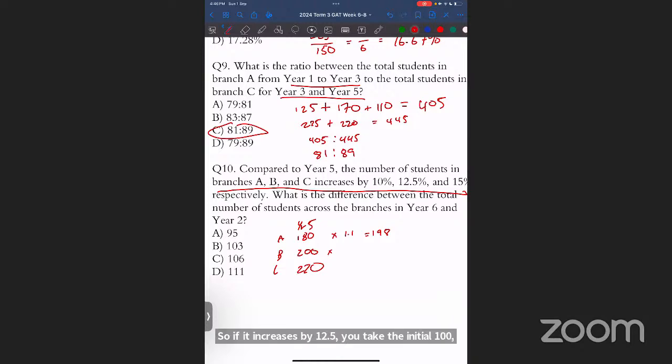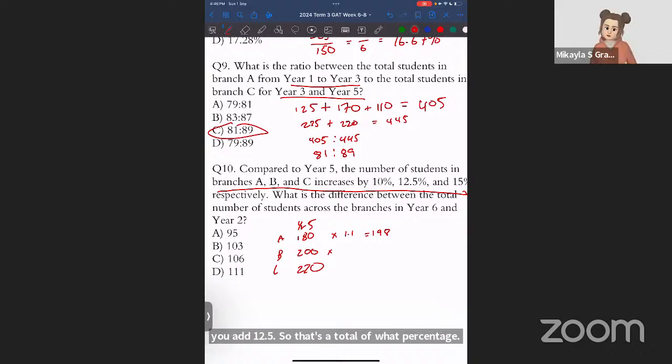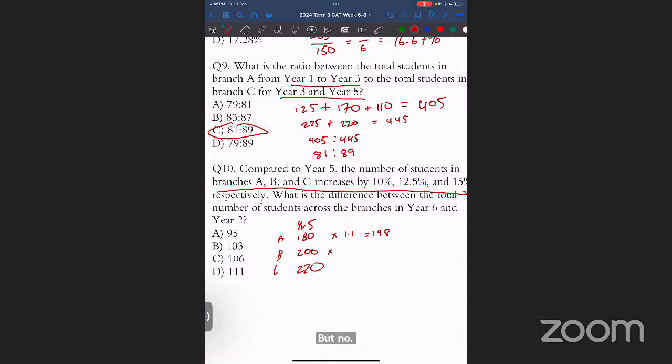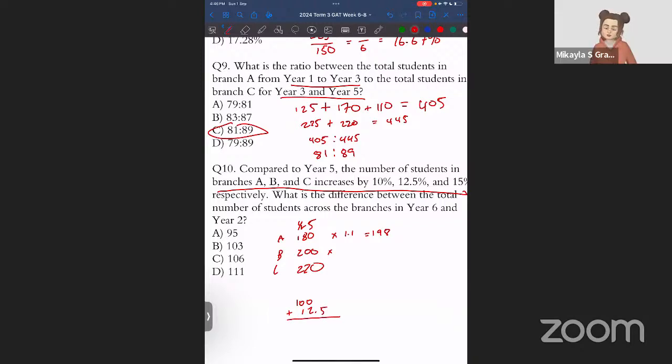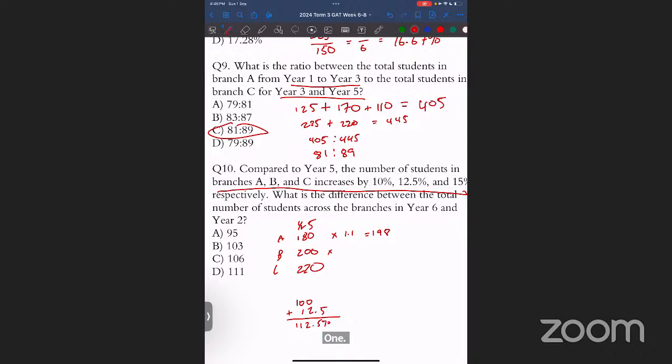So that's a total of what percentage? 100% plus 12.5% is 112.5%. And that as a decimal value will be 1.125. And that gives me 225.